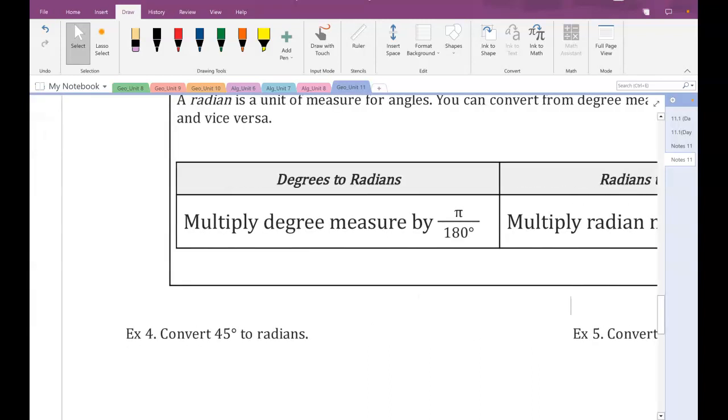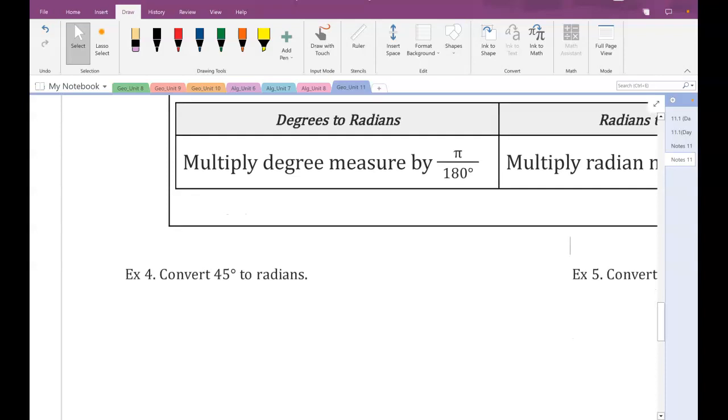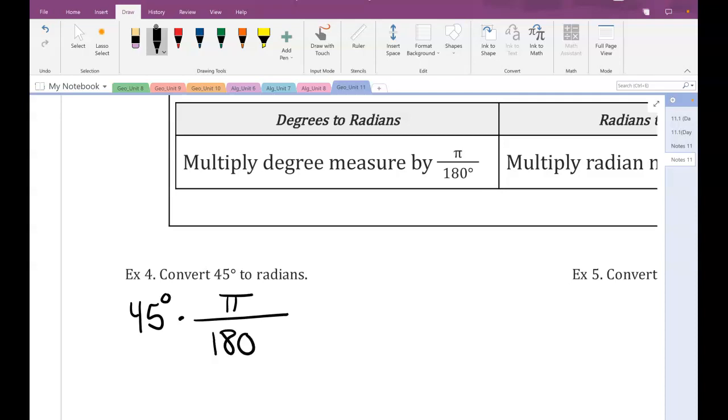What that'll look like, for example, say we want to convert 45 degrees to radians. I'm starting in degrees, 45 degrees, and to get to radians I have to multiply by pi over 180. So when I do that, I have 45 pi divided by 180 degrees.